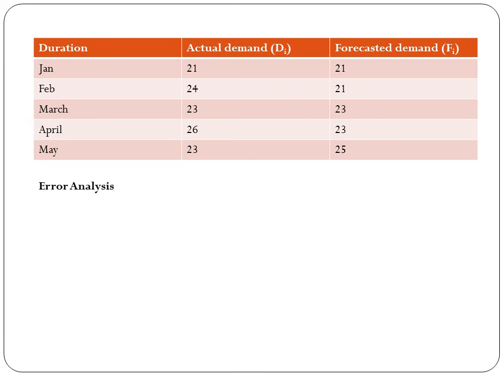Now the error analysis. What is the bias formula? Sum for t equal to 1 to n of dt minus ft, divided by n. dt minus ft for January is 21 minus 21, for February 24 minus 21 from the table, for March 23 minus 23, for April it is 26 minus 23, and for May it is 23 minus 25, divided by n. 5 months I have taken, divided by 5.